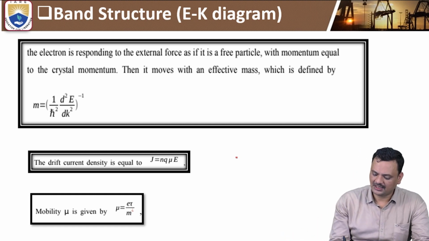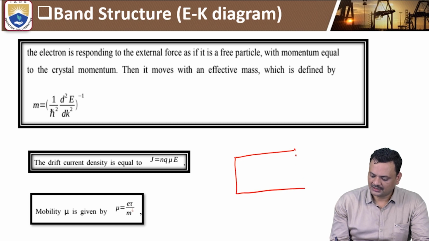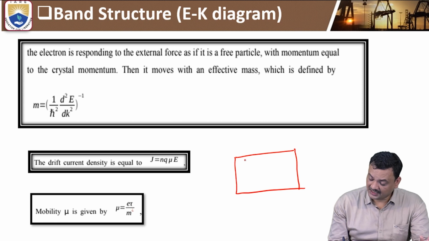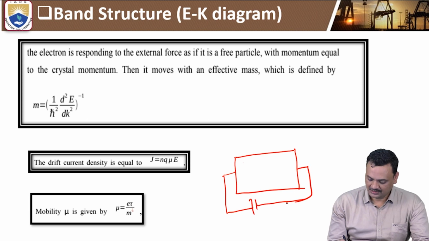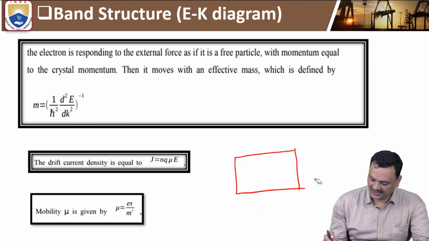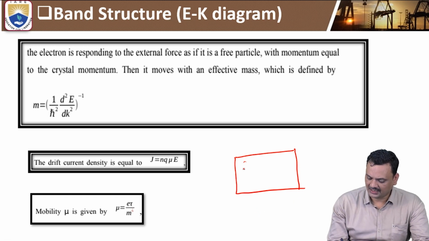What am I trying to say? Suppose this is your specimen of any semiconductor, which still has some free charges. If there is no external electric field, in a simple semiconductor specimen there are still some charges.